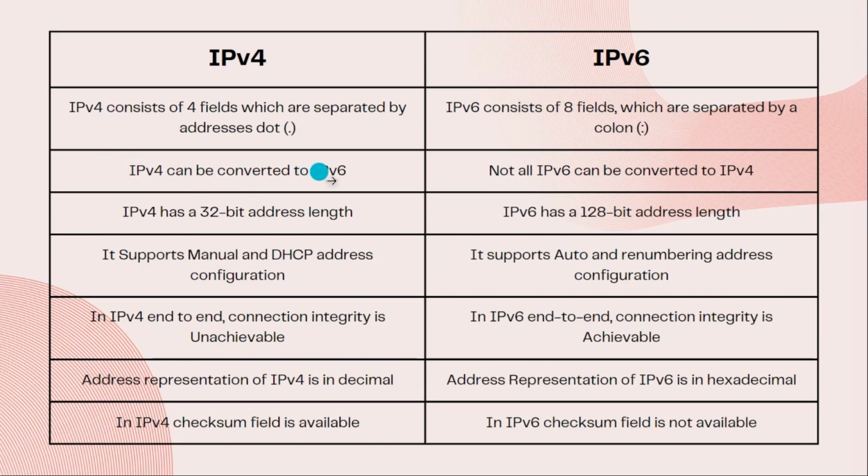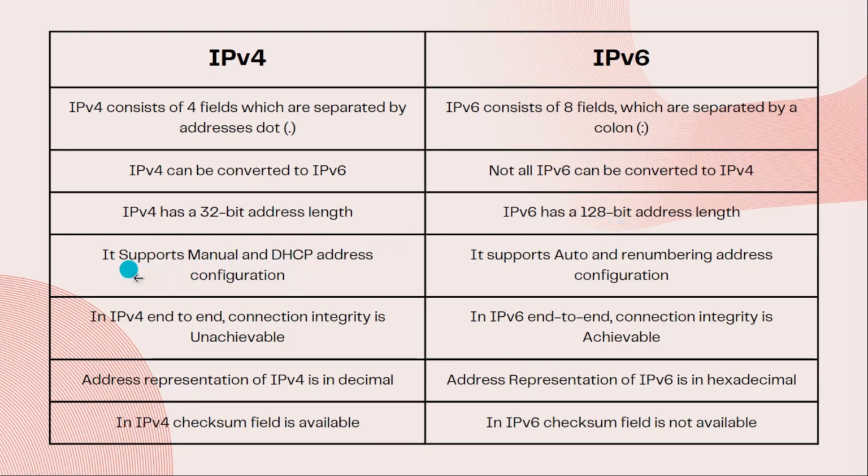IPv4 can be converted into IPv6, but it's not possible to convert IPv6 into IPv4. Also IPv4 has a 32 bits address length, and IPv6 has a 128 bits address length.